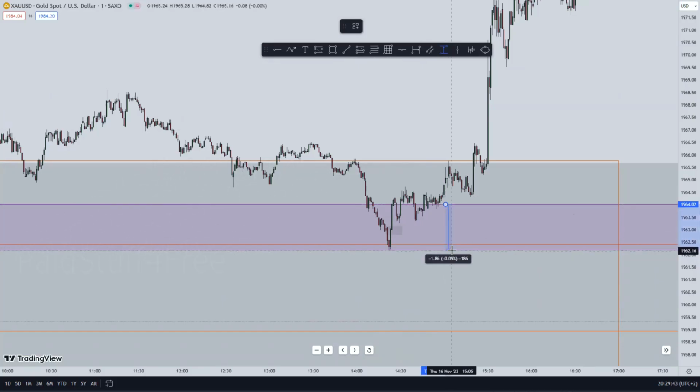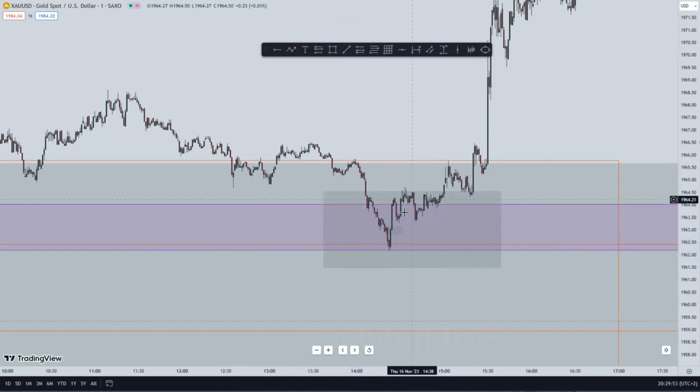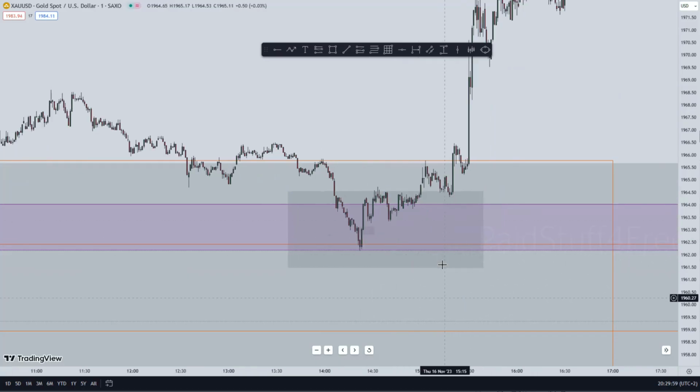Ah, makes sense. So I can easily use M1. But if the zone is more than 30 pips, let's say the zone was like this, I have to wait for M5 EG plus EF. So without EF you don't enter?